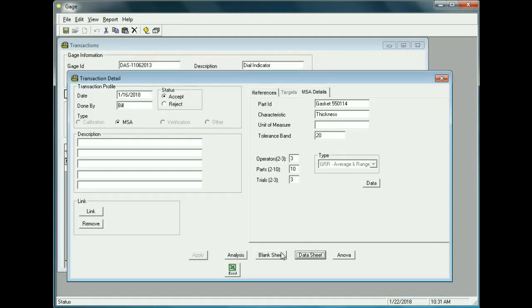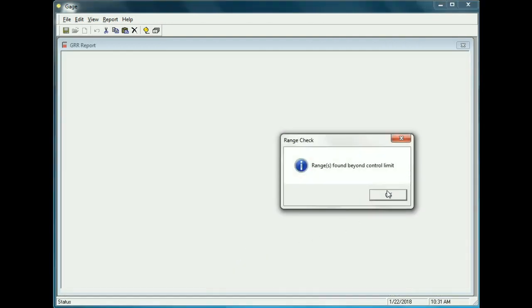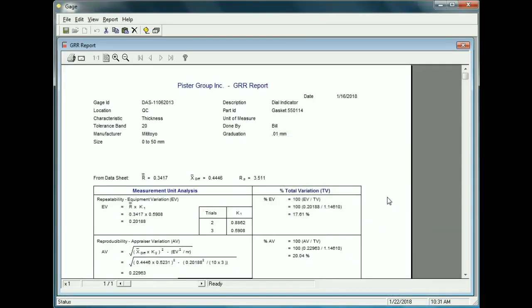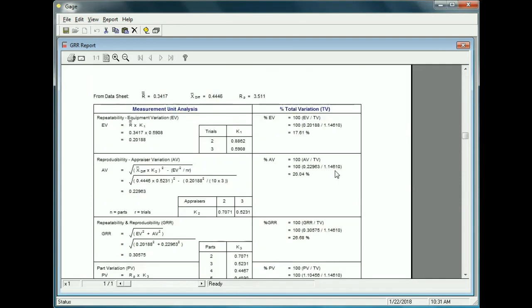Next thing we'll look at is the Gage R&R Analysis. Again, we're going to get that pop-up, which we'll just ignore. This reflects what we've transposed from the previous data sheet: the R double bar, the X bar difference, and the R sub P, the range for parts. We use this information in our calculations for the various components of Gage R&R.